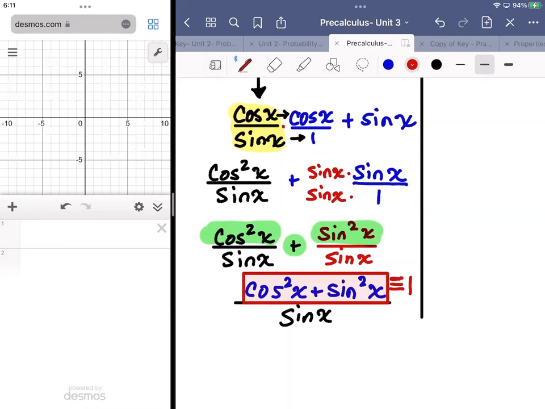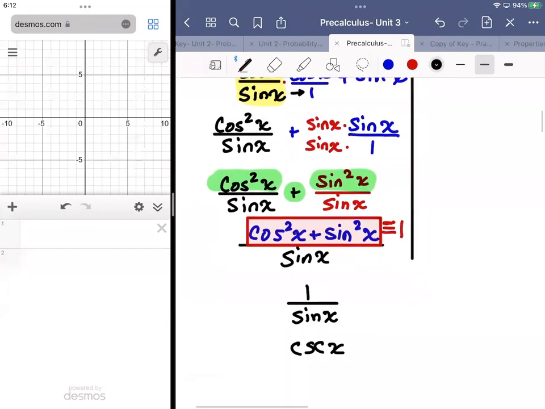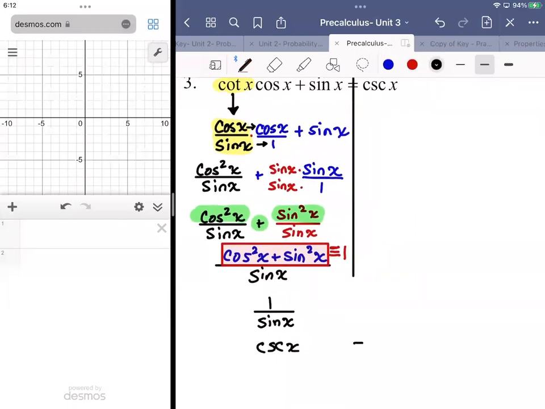You could just write a regular equal sign, but this is really the proper way of writing it to indicate that we didn't do any computations here. We're just applying a rule. That's equal to 1. And so this becomes 1 over the sine of x. And 1 over sine of x is equal to cosecant of x, which happens to be what we're looking for. So a lot of algebra and a little bit of trig.